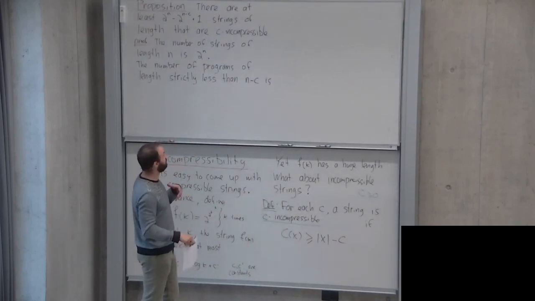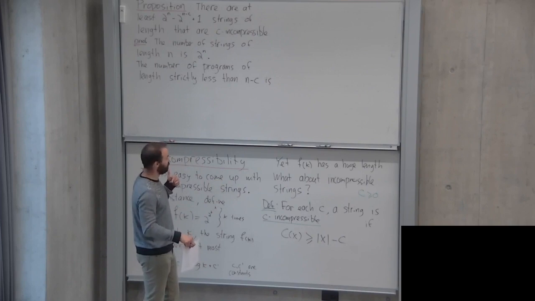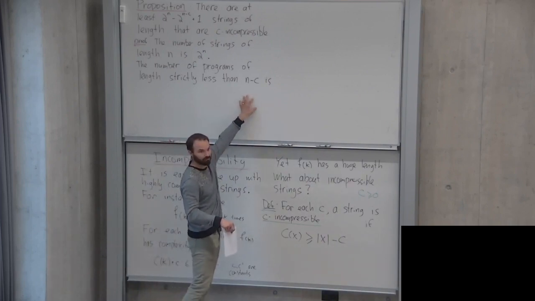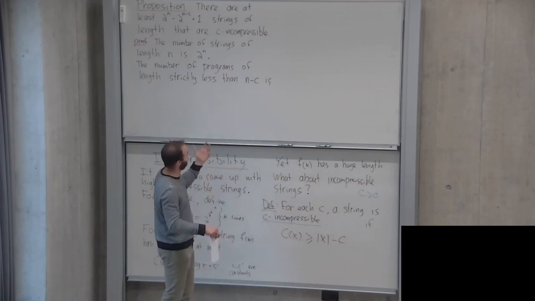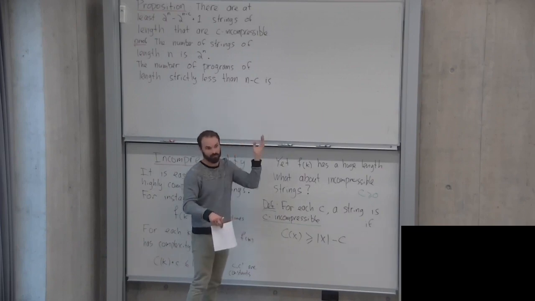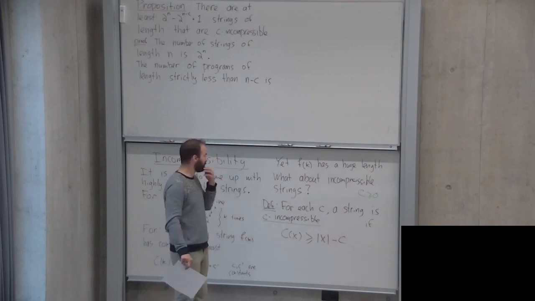Because I'm looking for c incompressible strings. For strings that cannot be computed by a program of length strictly less than n minus c. If a string has a program of length strictly less than n minus c, it would not be c incompressible. It would be c compressible, if you want.